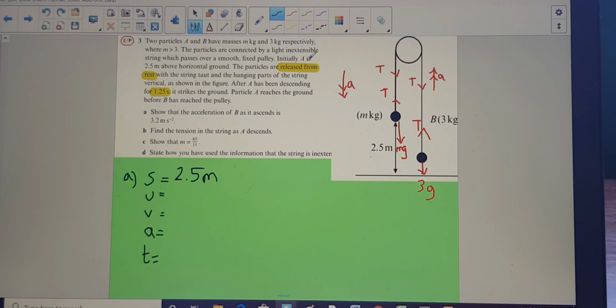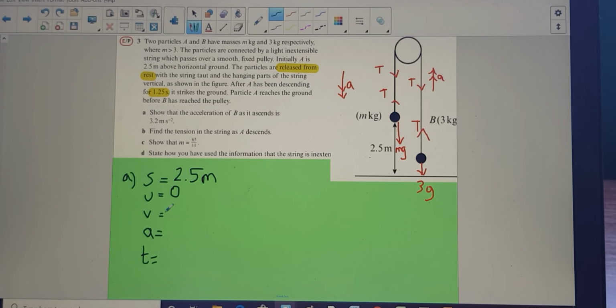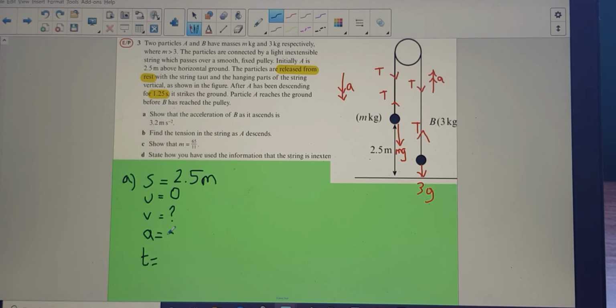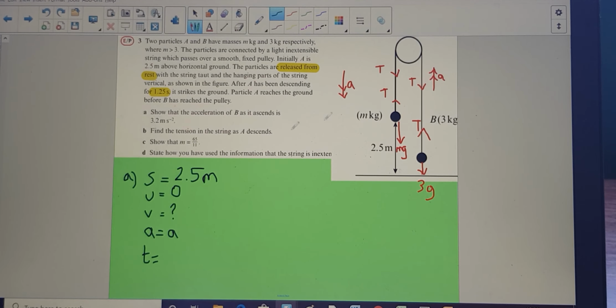It told me that it was released from rest, so I know the initial velocity is 0. V I don't know. It's obviously not going to be 0. We've had that conversation before. It will be the moment where it's infinitesimally close just before it hits the ground. I don't know what the final velocity will be. The acceleration, I don't know yet. That's what I'm going to hope to work out. And then t, I'm told it takes 1.25 seconds before it hits the ground.